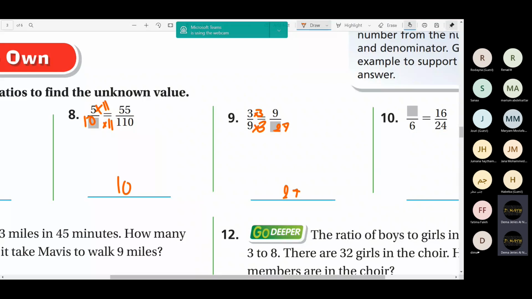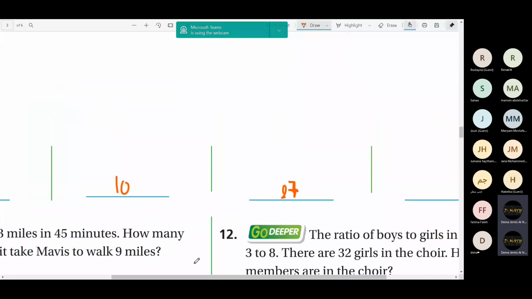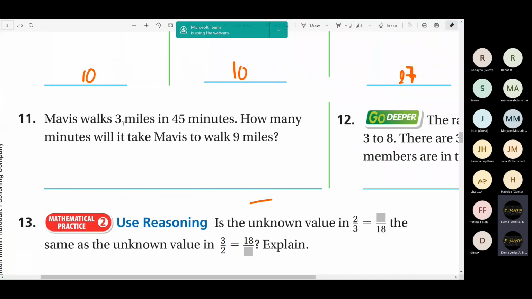Now, Habiba. Yes, teacher. Yes, Habiba. Here, in number 10, just a minute. Mavis walks 3 miles in 45 minutes. Okay, 3 miles.